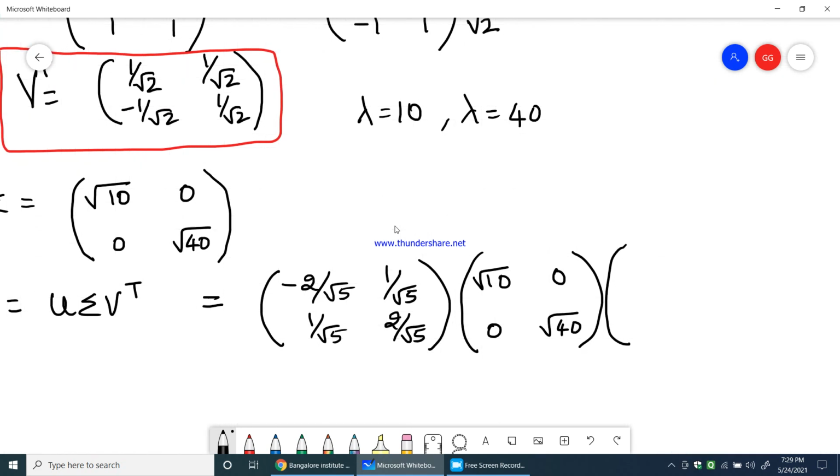V transpose is 1 over root 2, 1 over root 2, minus 1 over root 2 and 1 over root 2.